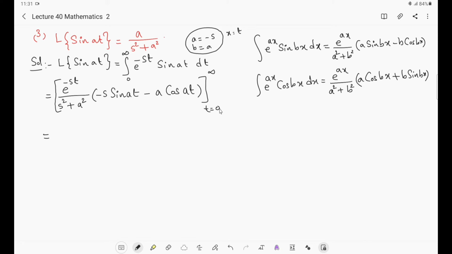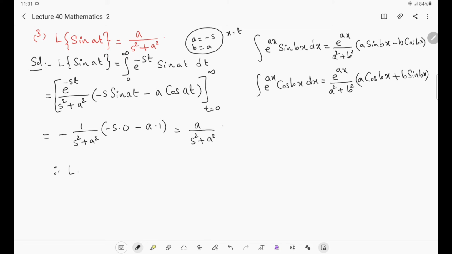Now substitute the lower limit, with a minus sign: e^0 is 1, so 1 by s² + a² into (-s sin 0 minus a cos 0). Sin 0 becomes 0, and cos 0 becomes 1. This minus and this minus will become plus, so a by s² + a² will remain.